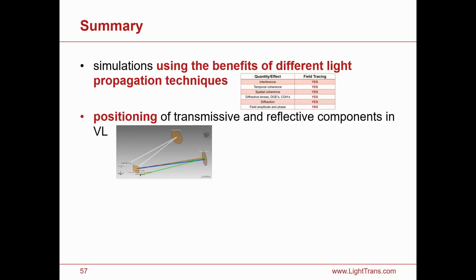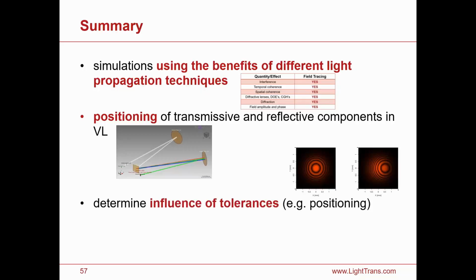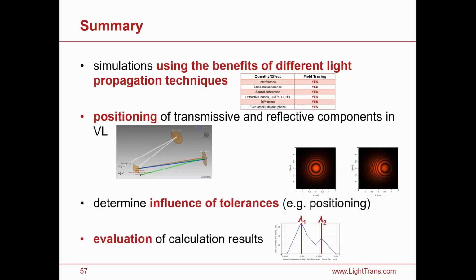You do not have to configure extra components like coordinate breaks or something like this. You can also determine the influence of tolerances, maybe positioning, alignment errors, or something like this. And you can also evaluate your calculated results.